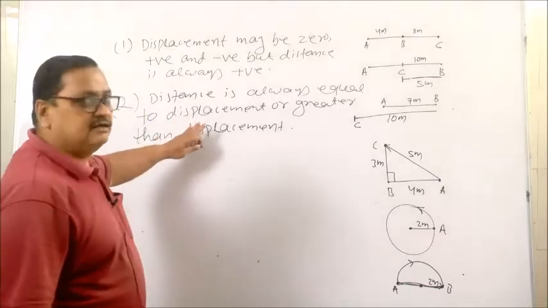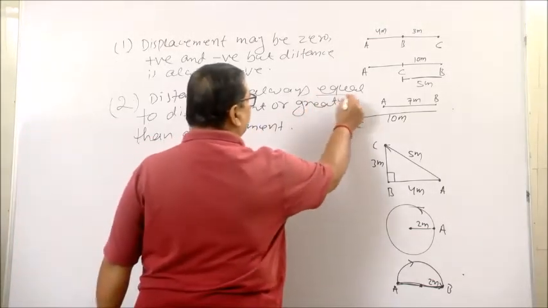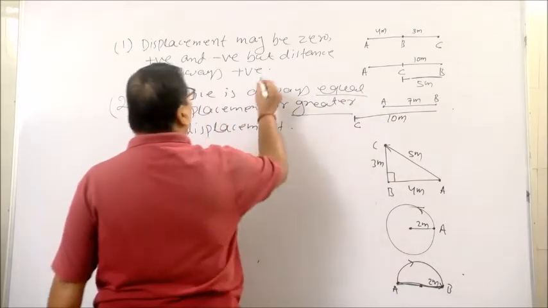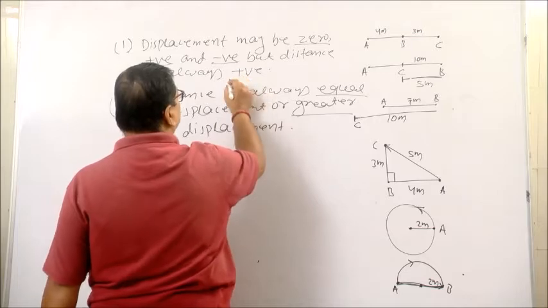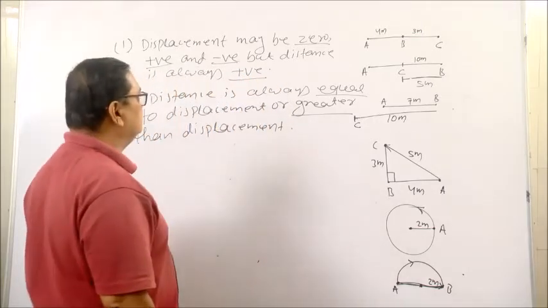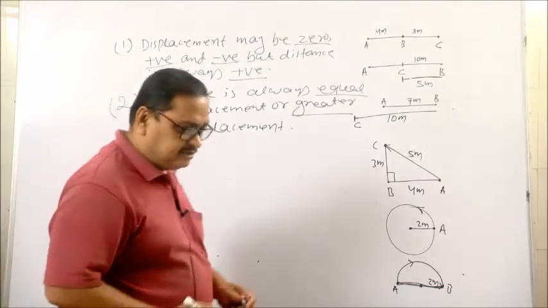It will never be less than displacement. So always equal or greater. Here displacement may be 0, may be positive, may be negative, but distance is always positive. This is the conclusion drawn from these examples.